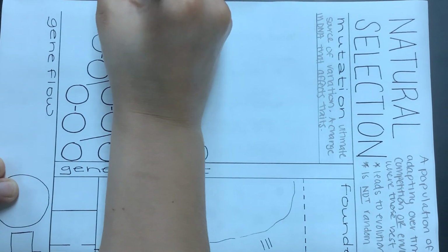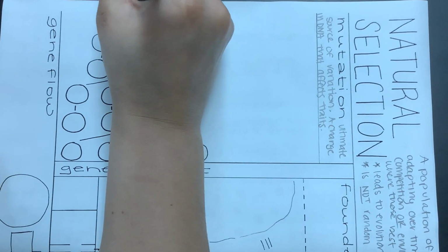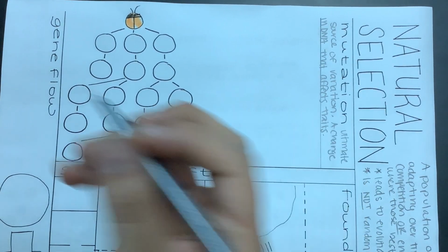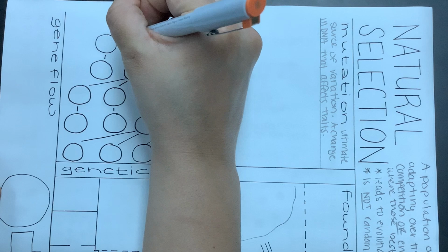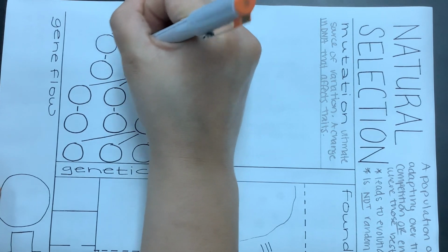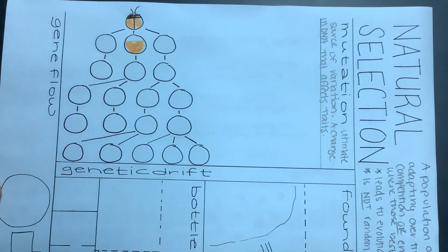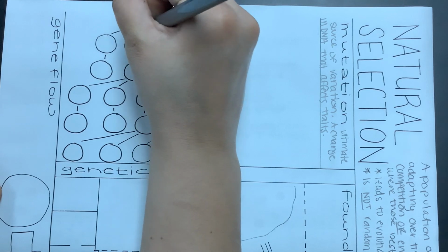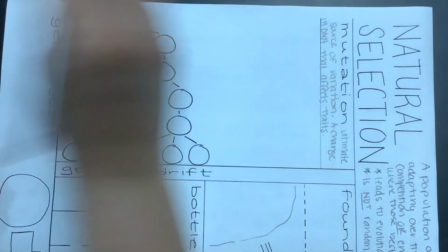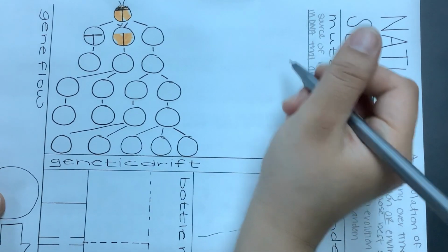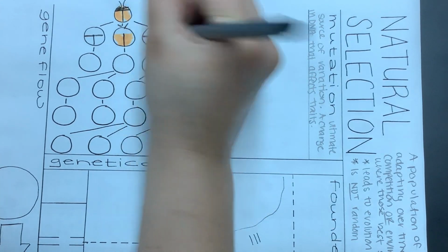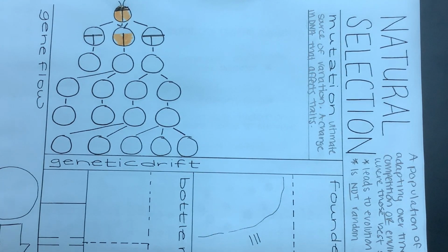Let's say this ladybug reproduced and had another orange one, and then they had other ones, different colors.